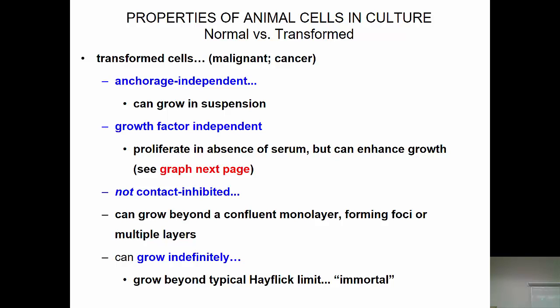Sorry. I'm saying if the serum is undefined, does that affect the defined variable? So if it's undefined, does that mean it's variable? You have two independent variables, right?